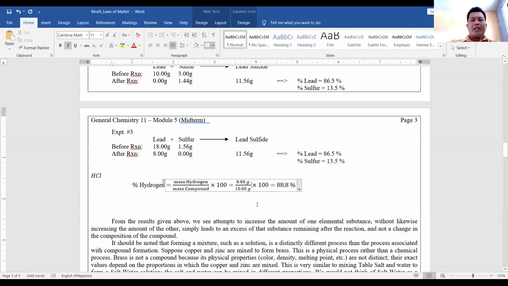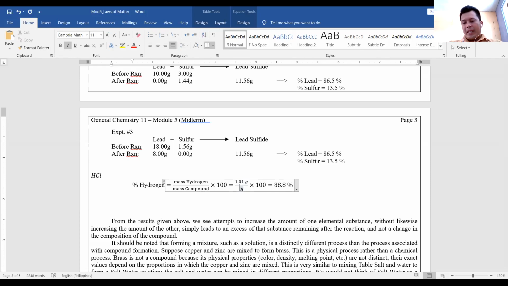What is the mass of hydrogen in your periodic table? We have 1.007 to 1.009. So let's use the average mass of hydrogen, which is 1.01, divided by the mass of the compound.